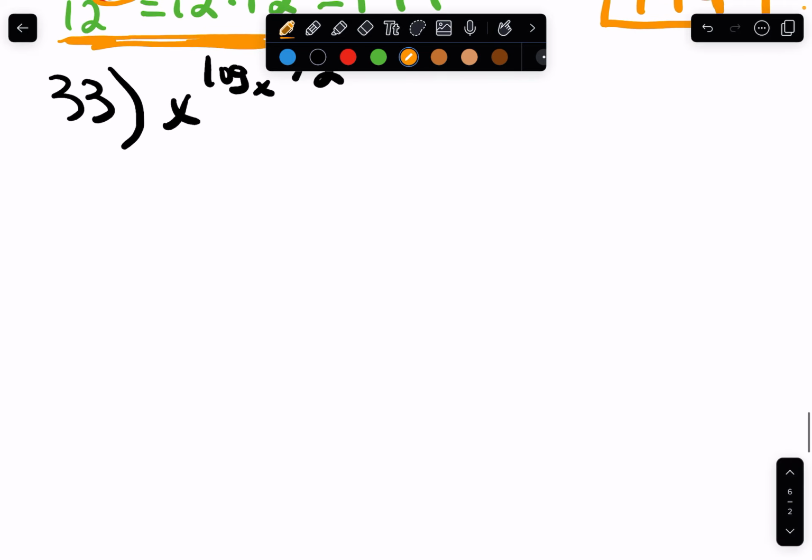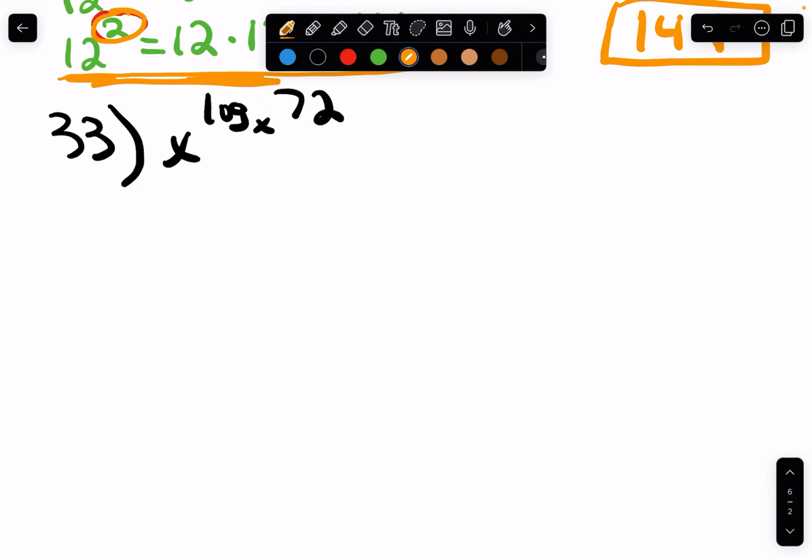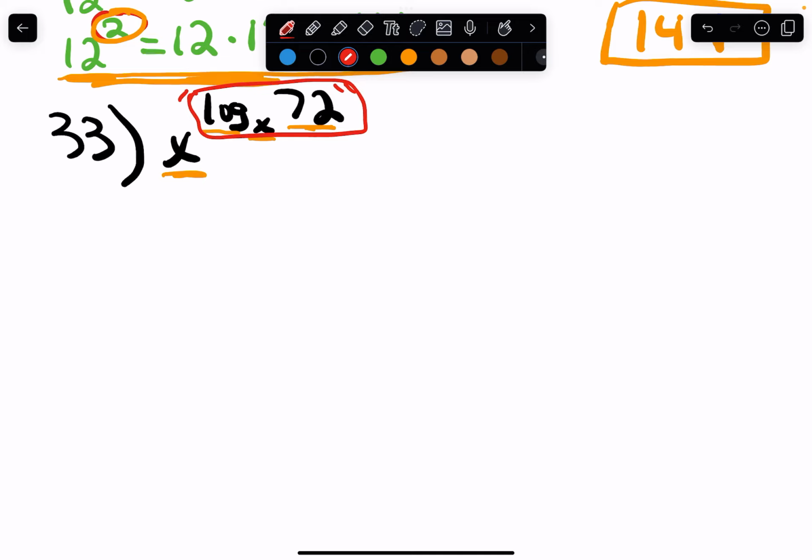Now question 33, similar question. It asks us x to the exponent of log base x of 72. So here we can try and work on our exponent up here first. We have log base x of 72.